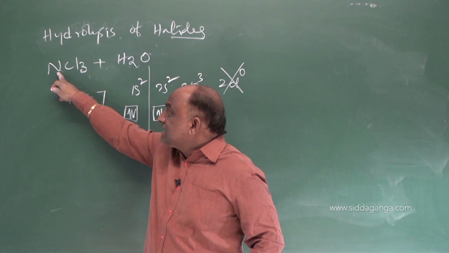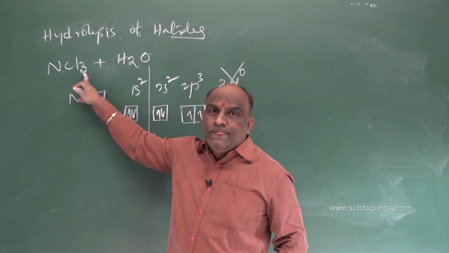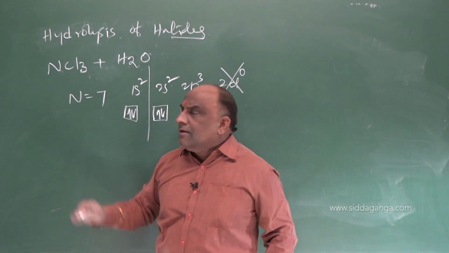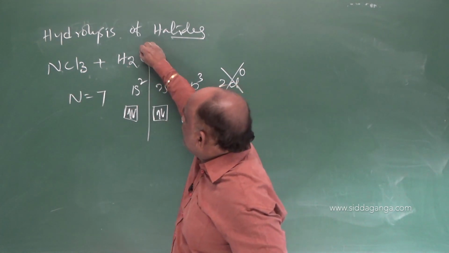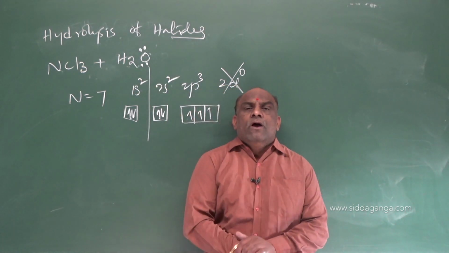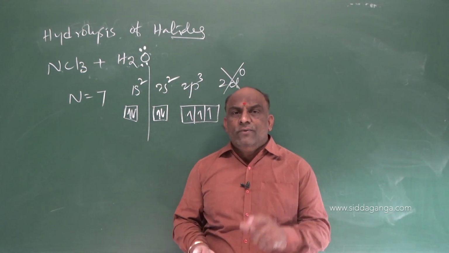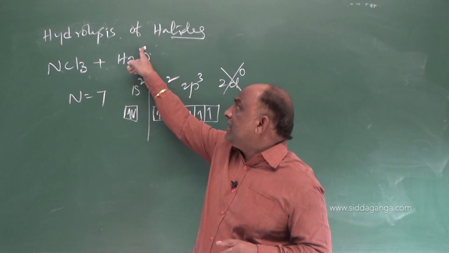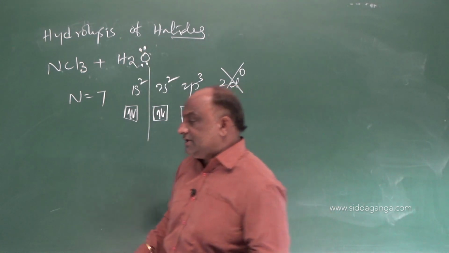But nitrogen is combined with chlorine. Remember, for hydrolysis reaction, as I already said, a lone pair is present on the oxygen atom. The oxygen lone pair requires vacant orbitals.